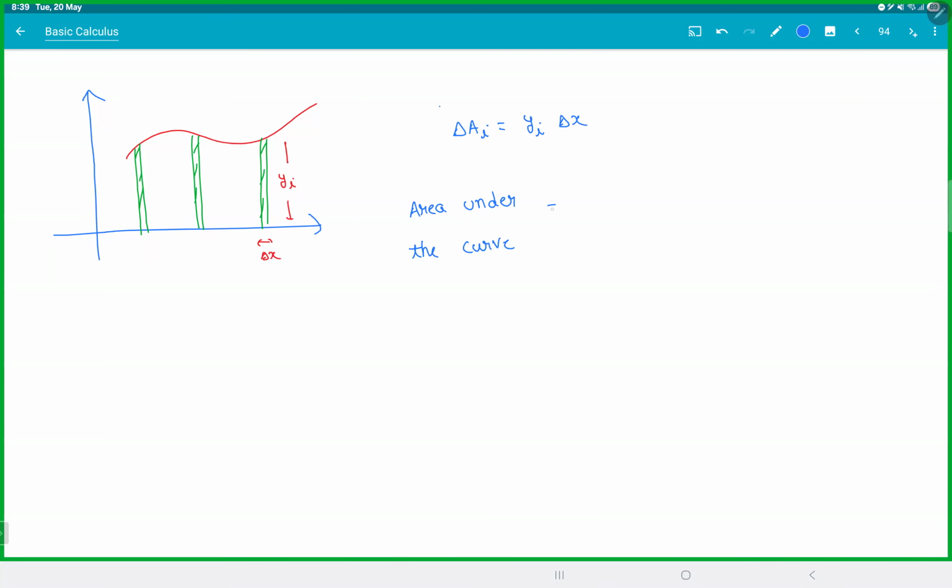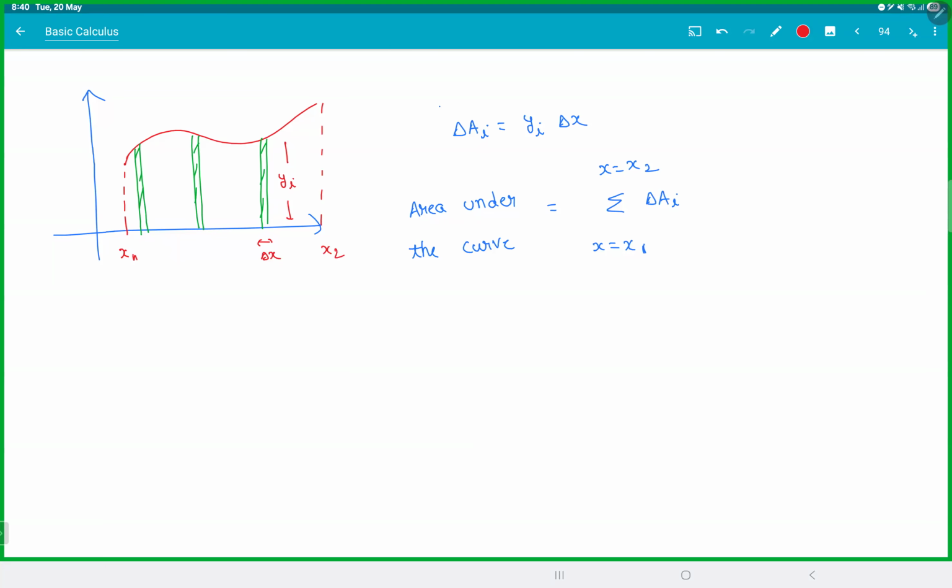Don't worry too much about it. Just get the basic understanding about it. Sigma, if I add all these areas, all the strips where the x coordinate will go from x1 to x2, or you can say x initial to x final. So you're starting from here. This is your initial coordinate x1 and this is your final coordinate x2.